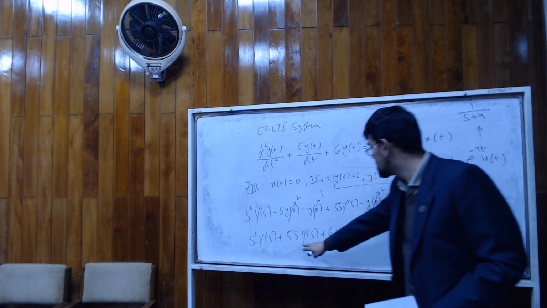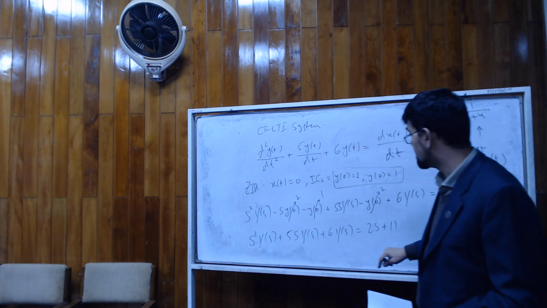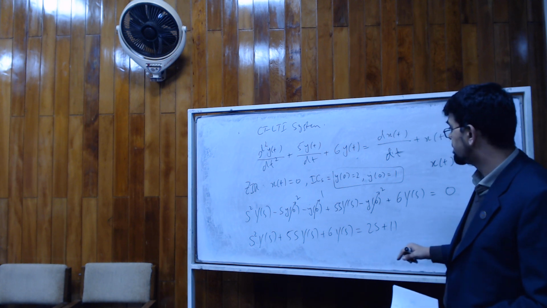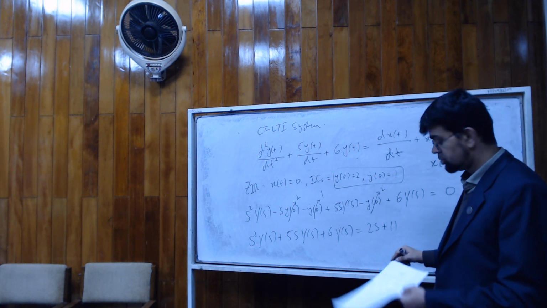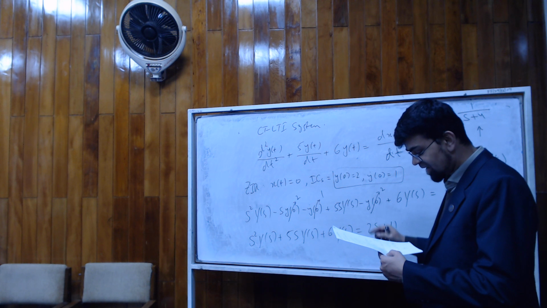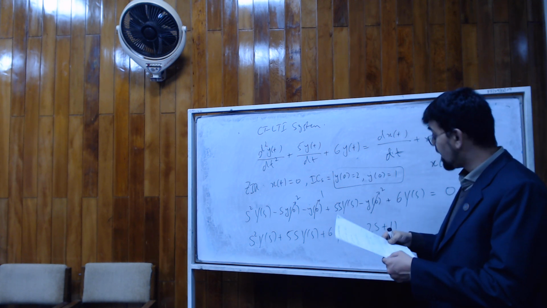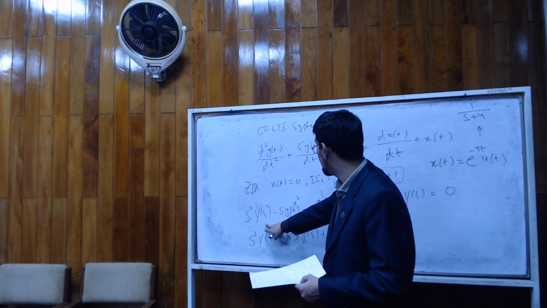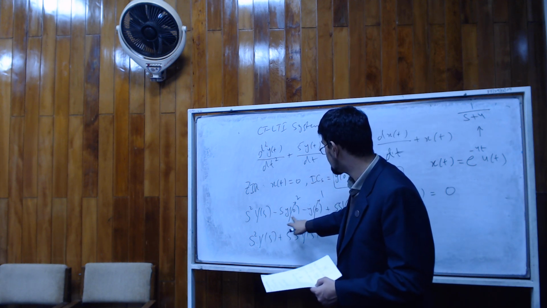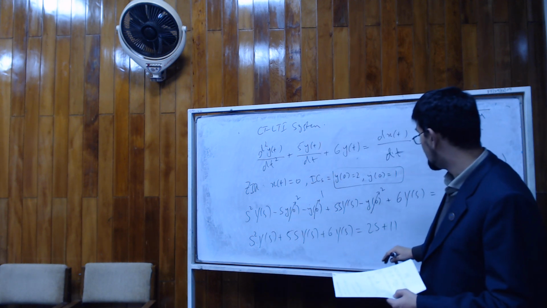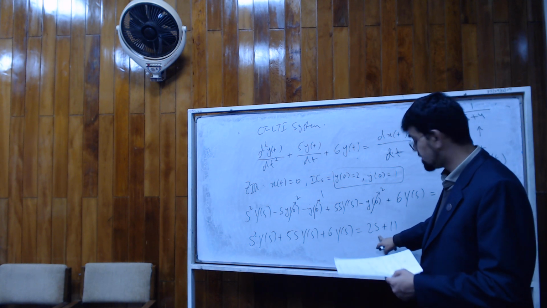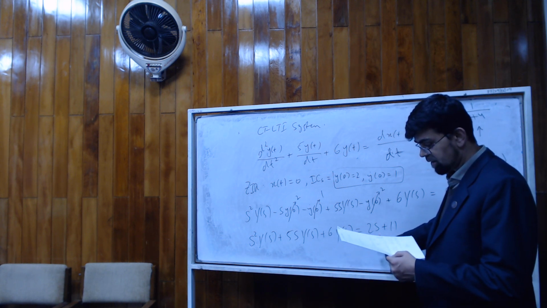5sys, that's here, right? 6ys is here. So from that it just came like this. One second, just a moment. s square ys minus sy0, that is 2s, right?